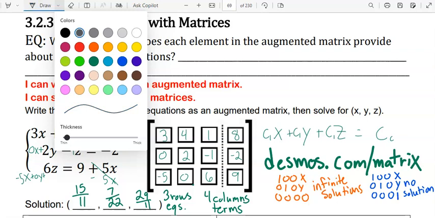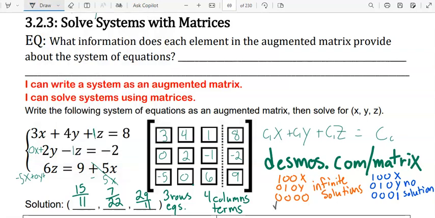They're both considered dependent. Infinite solutions would be consistent, and no solution would be considered inconsistent.